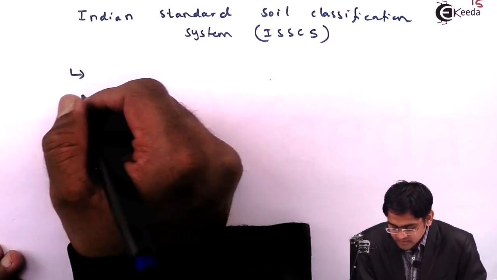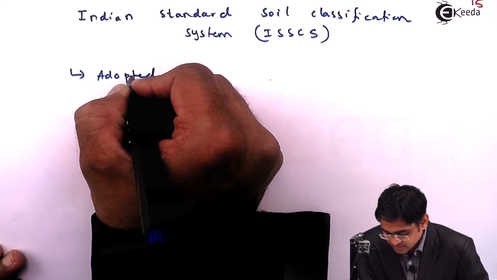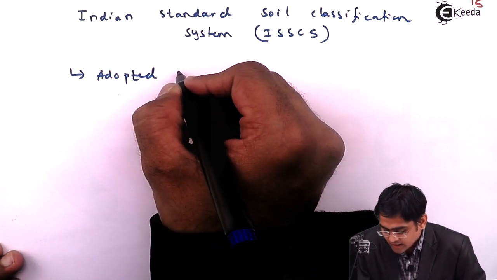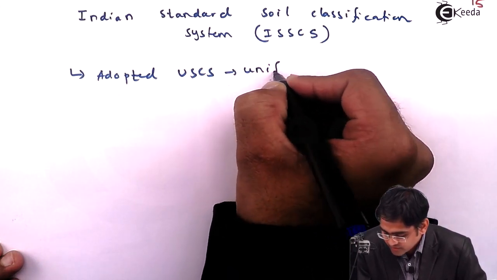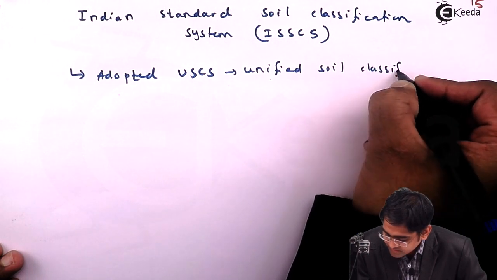So Indian standard codes have adopted, as I've discussed earlier, USCS. That means they have adopted the unified soil classification system.